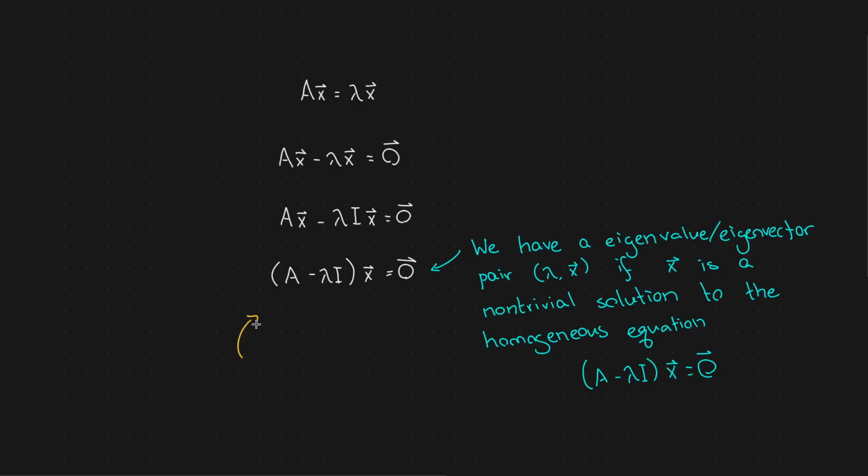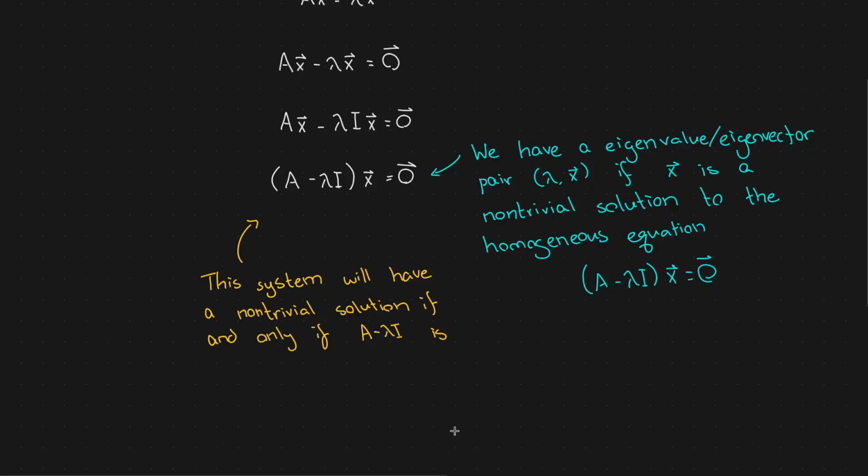So that gives us a way to work this out. This system will have a non-trivial solution if and only if A minus lambda I is singular. Okay?